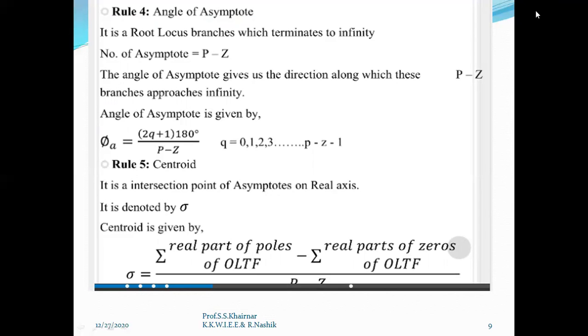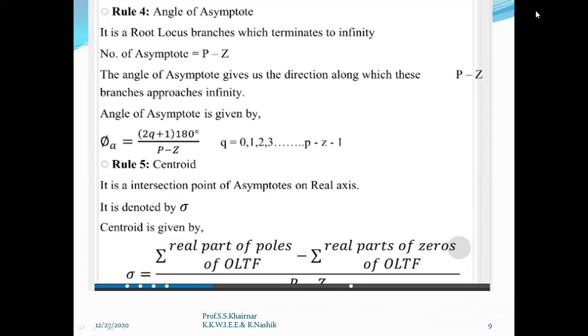Okay. So for the angle of asymptote, we will again take one example. For that purpose, I will take one page, and this is the new page. So this is a new page, and we will find the angle of asymptote for the function. And before that, we will see rule number 3, where the real axis root locus lies.